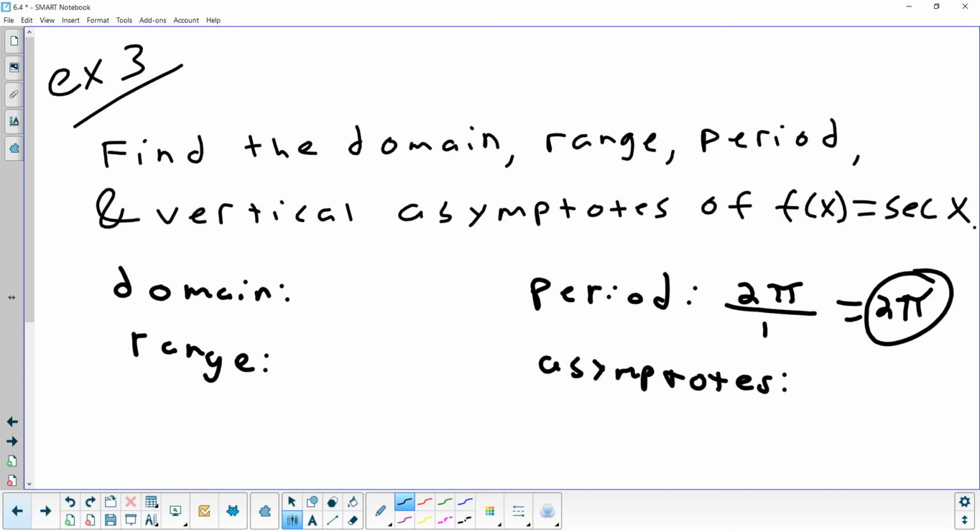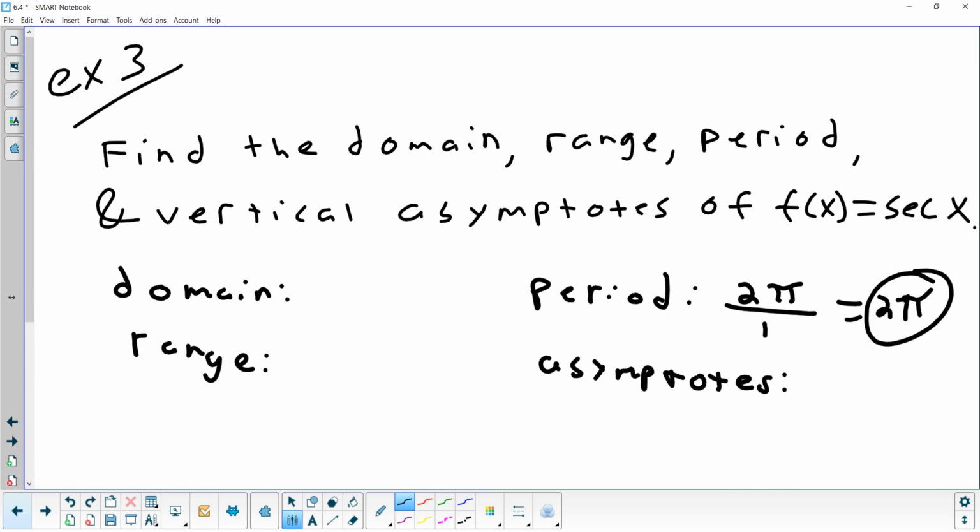Now, we have to describe our asymptotes, but that's going to be easy because there is no change to the asymptotes. The asymptotes here are the originals. So what's the first asymptote that we come across for secant? If you forget, what I'm thinking in my head is, okay, secant is 1 over cosine. Where does cosine hit the x-axis?